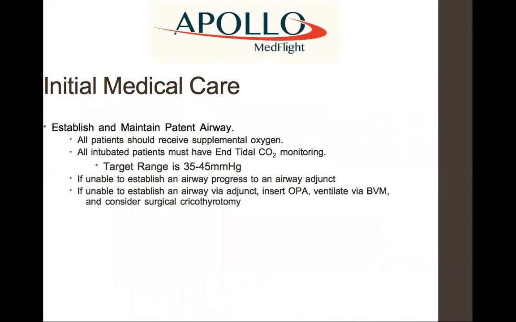We want to make sure that we maintain that with our normally ventilated patients, and it's a really good assessment tool. It's become the standard of care for end-tidal CO2 monitoring. It's been a blessing in EMS over the last several years.